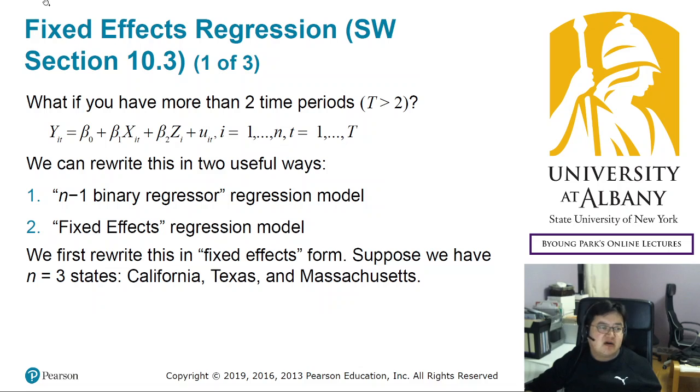That's why it's named fixed effects. And in our example, just to describe this method, we will consider three states: California, Texas, Massachusetts. Let's replace Massachusetts with New York. Massachusetts is too long to say. Say New York.